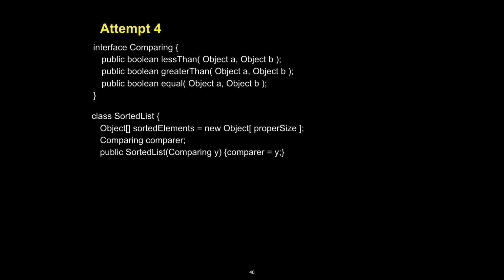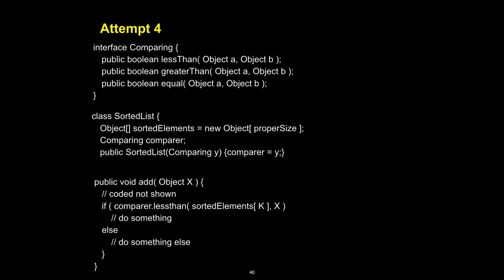We pass in a comparator, basically a strategy pattern. And now we can use a comparator, and we're still coupled to an interface, right?